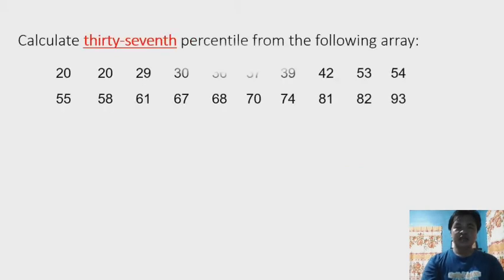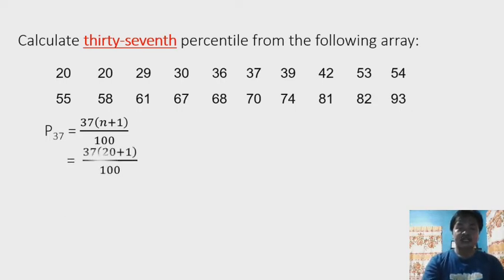Next, calculate 37th percentile from the given data. The formula is P37 is equal to 37 times n plus 1 over 100. Next, substitute the value of n, which is 20. 37 times 20 plus 1. So, ang uunahin muna natin ay yung nasa loob ng parentheses.